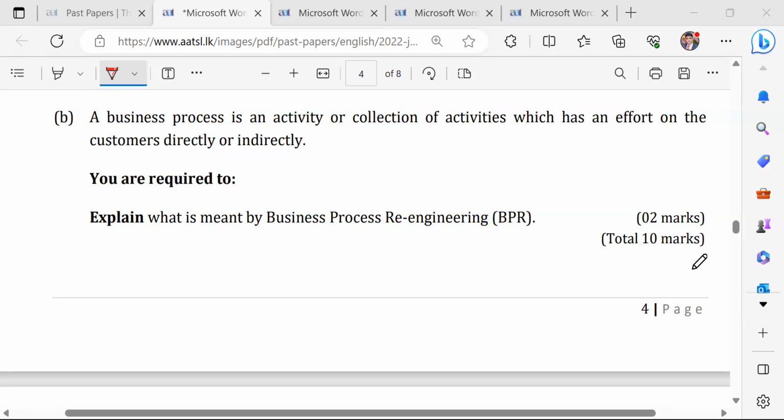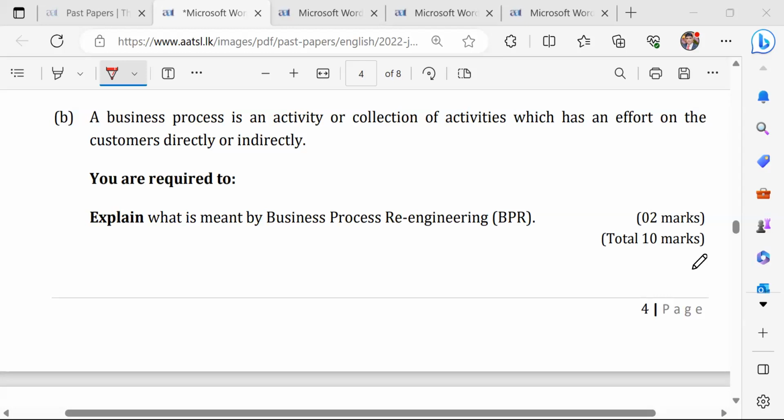Are we doing the business in the correct way? That is the way we are doing this, right? When we are introducing and implementing information systems like ERP, then we are definitely thinking about BPR.